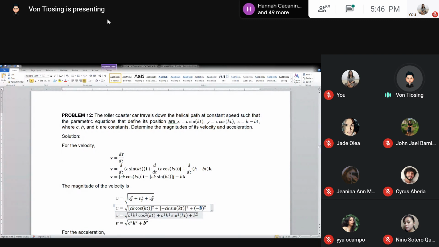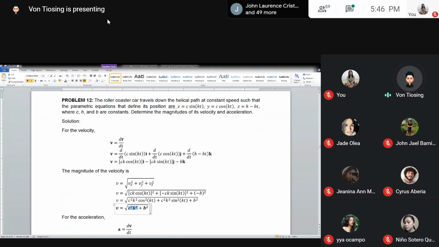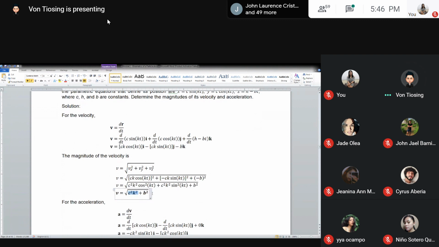Then, if you notice, dito sa unang dalawang term, we can factor out c squared, k squared. Ang matitira is cosine squared kt tsaka sine squared of kt, in which, based sa trigonometry, this is a trigonometric identity that is equal to 1. So, this will reduce to what? The square root of c squared, k squared, plus b squared. Okay? So, this is the velocity.